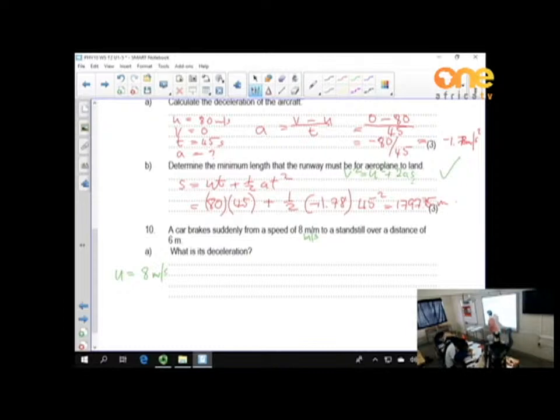What is final velocity? 0, yes, to a standstill over a distance of 6 meters. What is the deceleration or the acceleration? Acceleration is going to be change in velocity over change in time. What's the change in velocity? Final minus initial divided by, oops, we don't have time, we have distance. Which one do I use? I can't use this one.